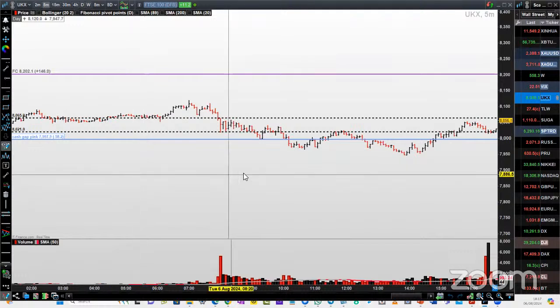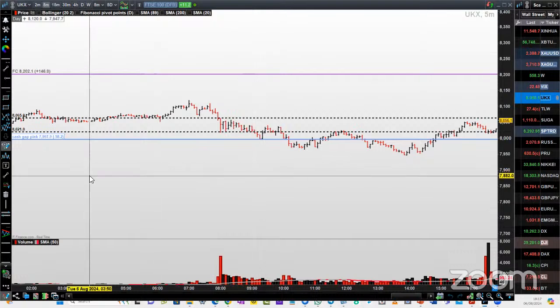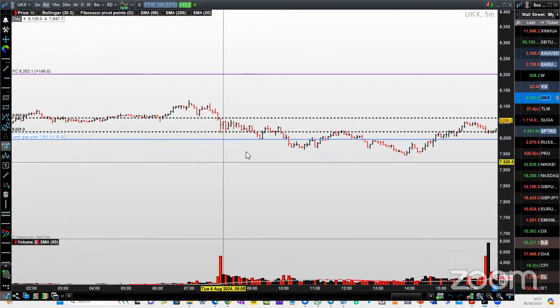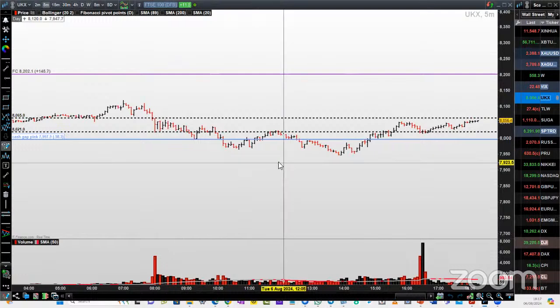We spent nearly an hour in that range. The Dow has spent 10, 15 minutes in the range. The FTSE spent an hour in the range. So you can see it's pretty obvious why I don't bother. I very rarely bother with this FTSE.